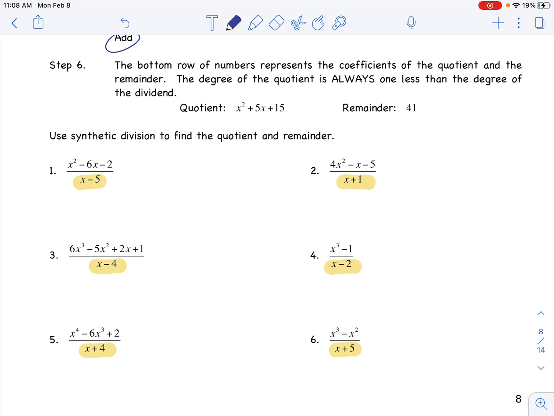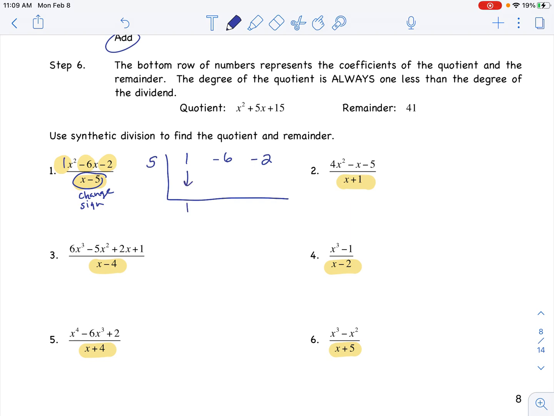All right, so number 1, remember, take the root, so change the sign, so it'll be positive 5 on the outside, and then I have to do coefficients, so 1, negative 6, and negative 2. Those are my coefficients, right?